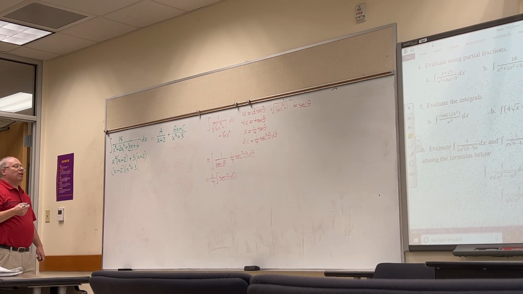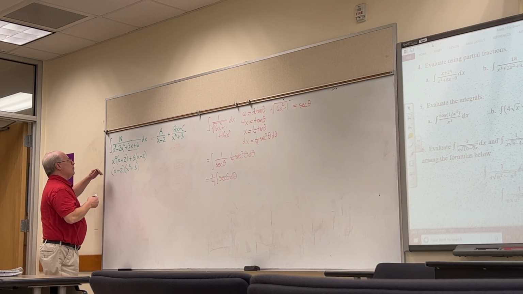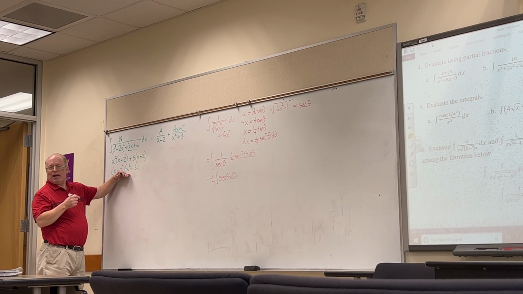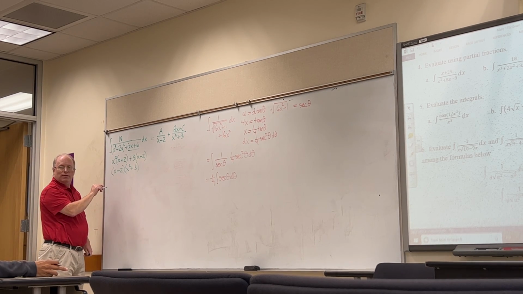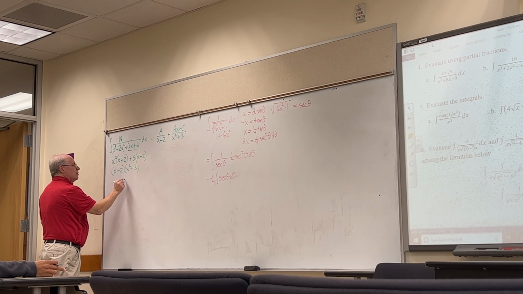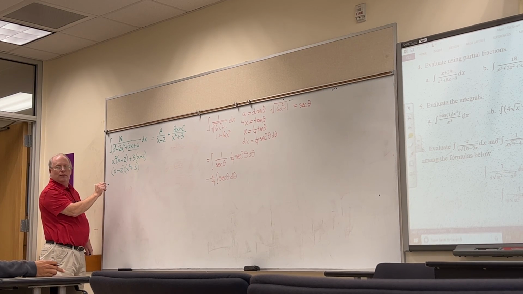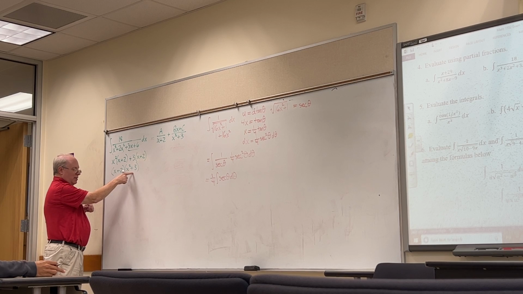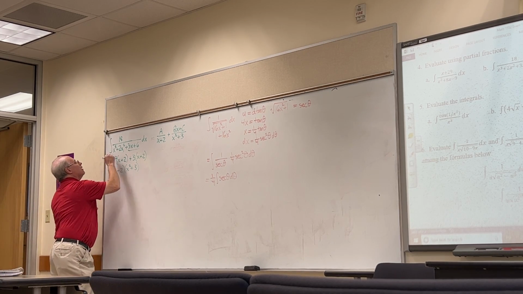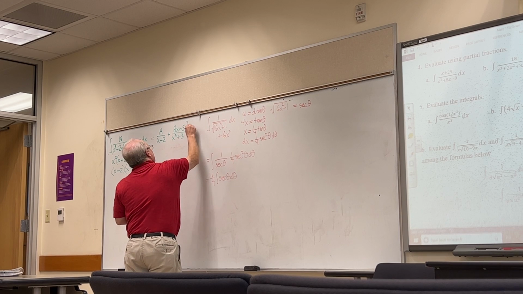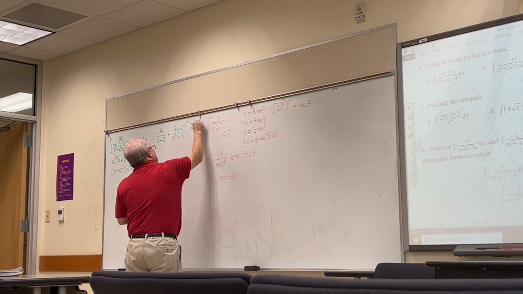All right, so now what do we do? Yeah, we multiply both sides by the denominator, which will give us what? So what will we have on the left? We're multiplying both sides by the whole denominator, x plus 2 times x squared plus 3.